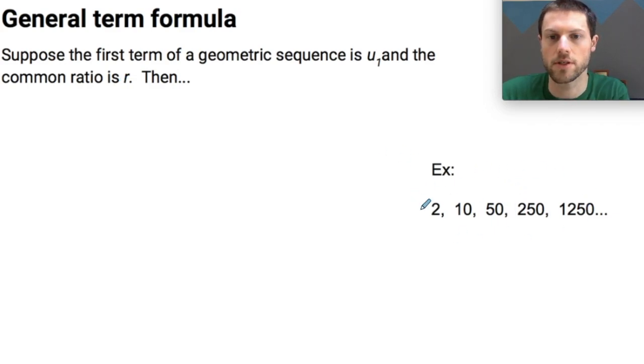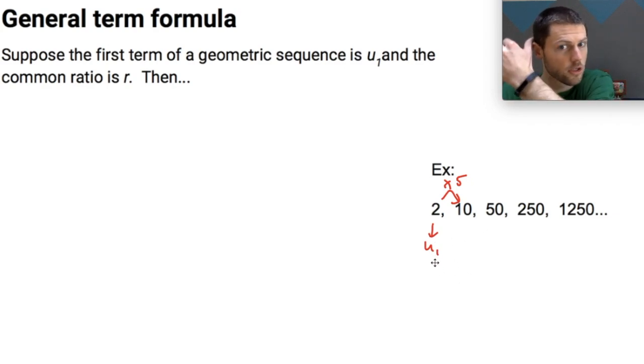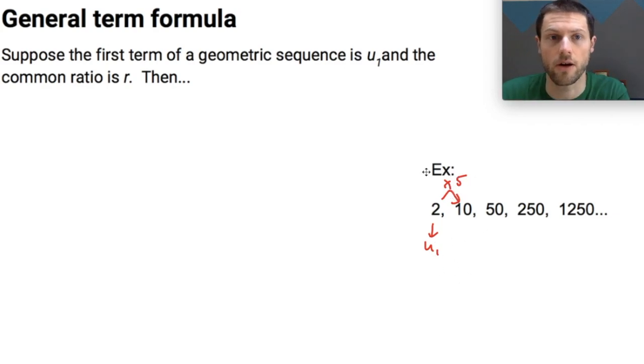And as we go through this, I've put some numerical examples down below. Here you can see that my first term is 2 in this example, and my common ratio r is 5. So in this example, u sub 1 is 2, and 5 is my r.